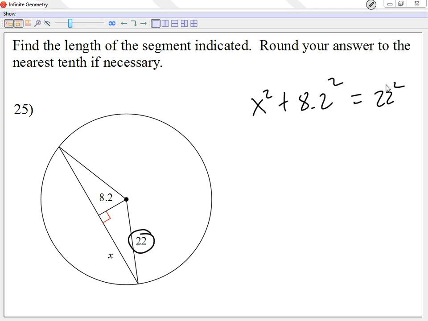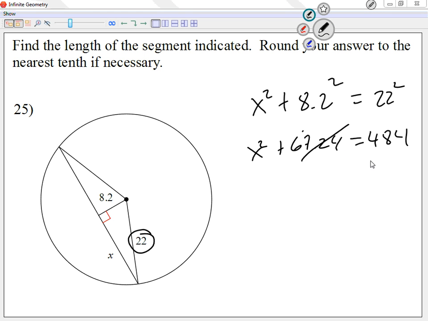I don't have my calculator, so I don't know what 8.2 squared is. 67.24? Okay, so you guys get that x squared plus 67.24 equals 484. Subtract 67.24.